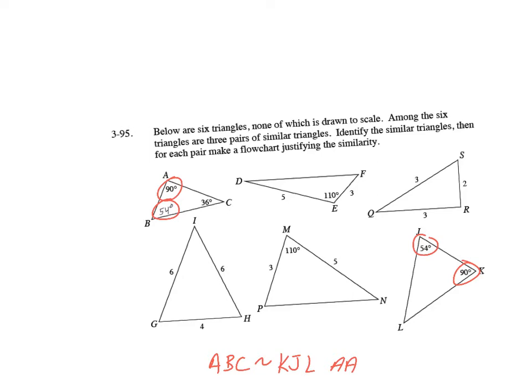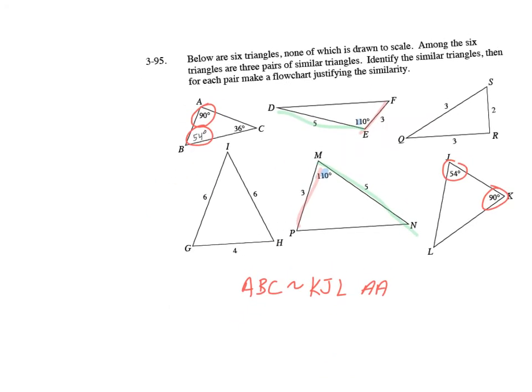Looking at the second triangle up here on the top row, I see 110 degrees, and that corresponds with this 110 degrees here in the middle. This side length of 3 would correspond to this side length of 3, and then this side length 5 corresponds with this one. So there I have an angle with 2 sides on either side of it that are corresponding with one another with the same zoom factor, which would be 1. So then in my second set of triangles being similar with one another, I didn't include the triangle symbol in front of these other ones.